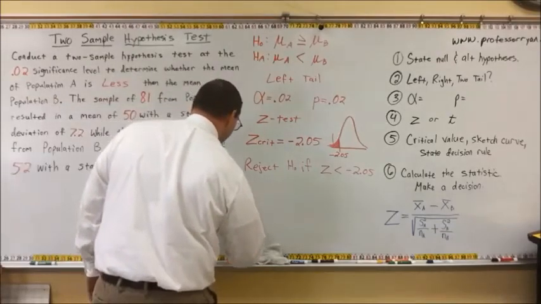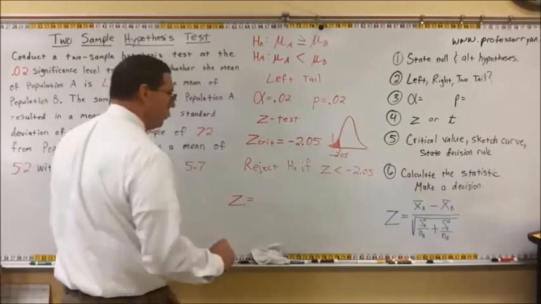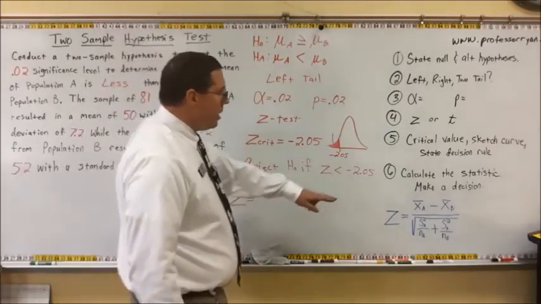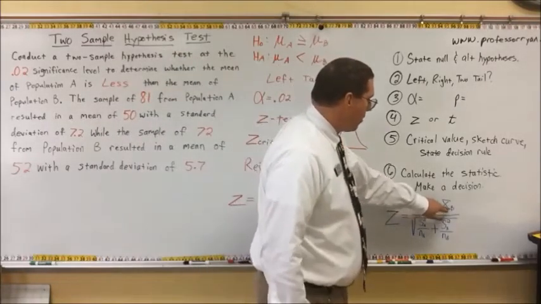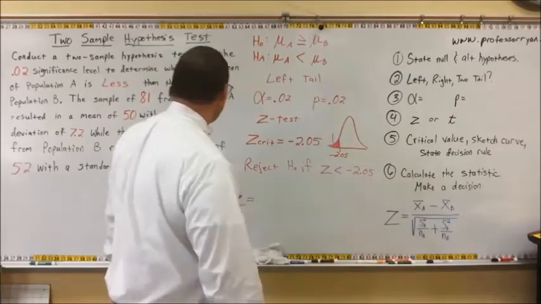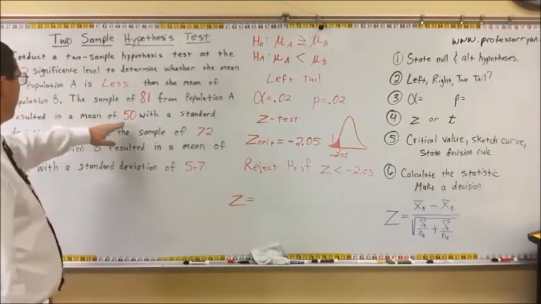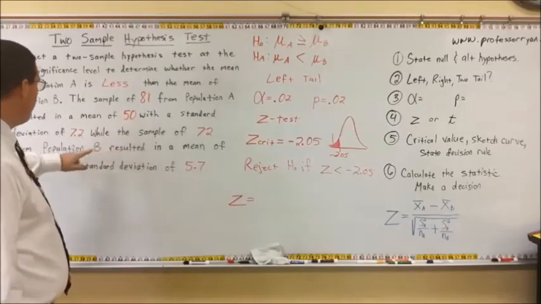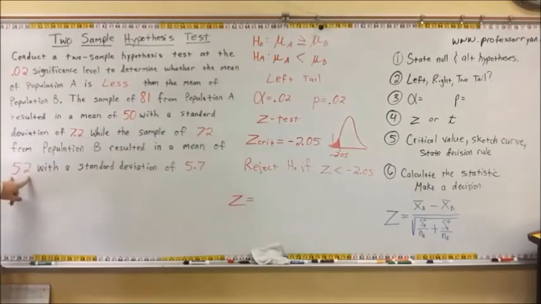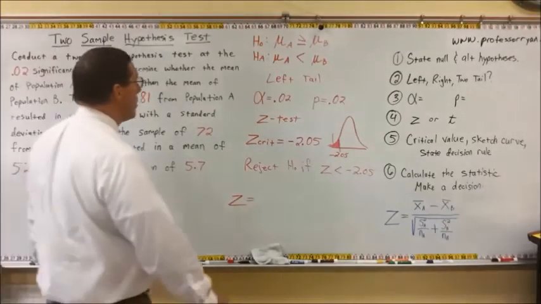So z is going to be equal to the mean of A minus the mean of B. Well, the mean of A is 50, and the mean of B is 52. Okay?